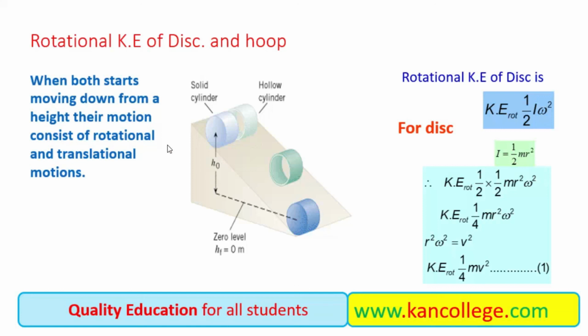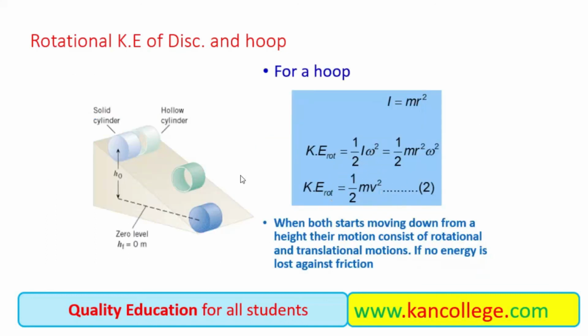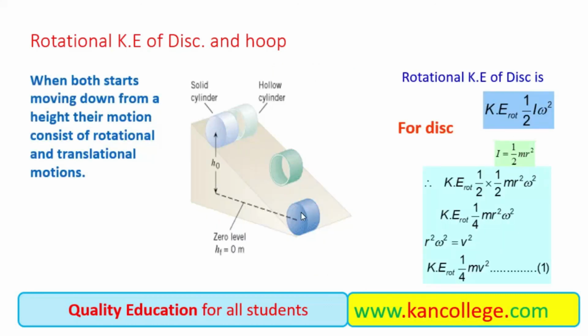It means that the disk will move faster as it has less rotational kinetic energy and more translational kinetic energy, while the hoop will rotate around itself more as it has more rotational kinetic energy and less translational kinetic energy. So its speed of translation will be low, but its speed of rotation will be high. In the case of the disk, the speed of translation will be high, but the speed of rotation will be low, with a rotational kinetic energy of one over four m v squared.